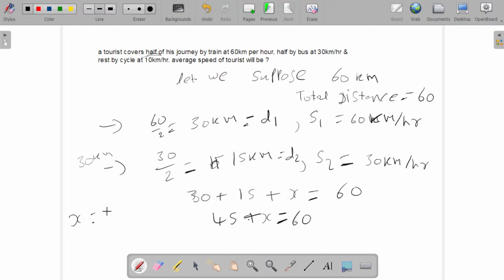So x will be 60 minus 45, so x equals 15. So the rest distance d3 equals 15, and its speed s3 will be 10 kilometers per hour. For simplification, let me go to the next page and solve this question.